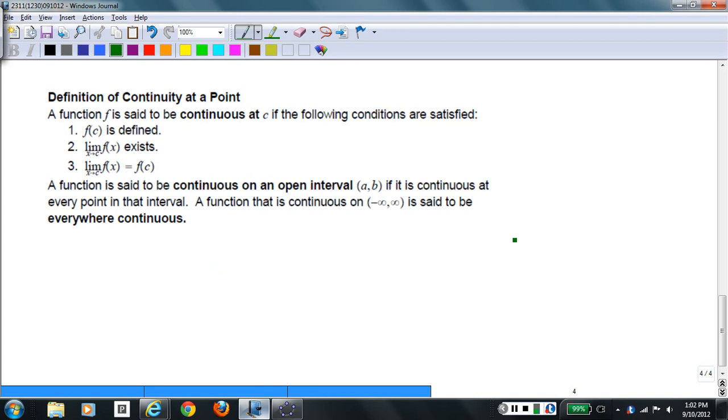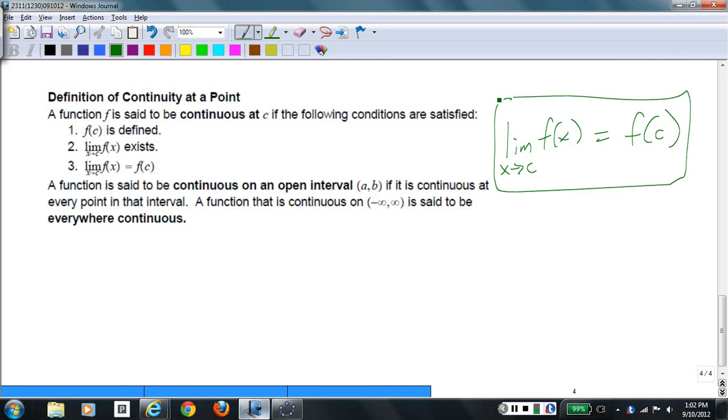Now suppose we drop the first two and we just say the limit of f of x as x approaches c must equal f of c. Sometimes it's easier to remember one thing than three things. If you could just remember this as a definition of continuity at a point, I believe this will suffice. Because if this is true, that means, number one, the function is defined.